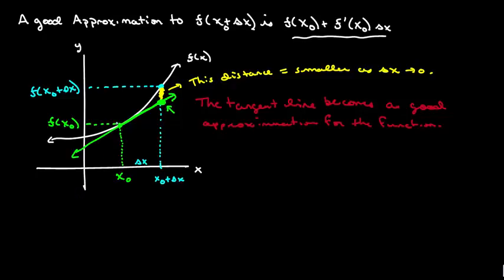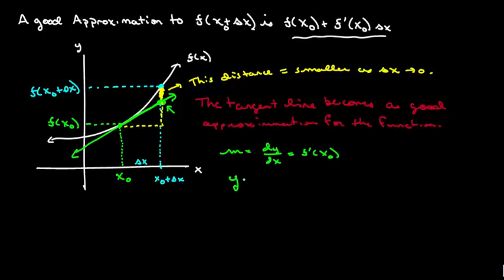We know that the slope of the green line is given by dy dx, or f prime of x at x naught. So if I take the derivative of the function at this value right here, it gives me the slope of this line. So that's this.